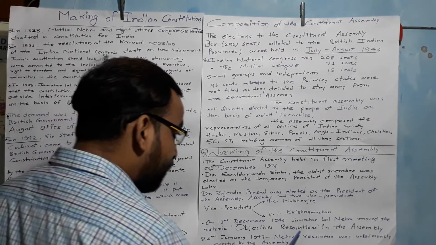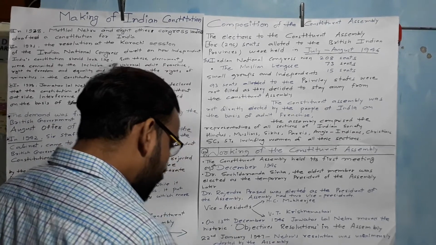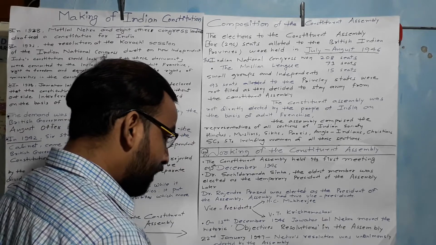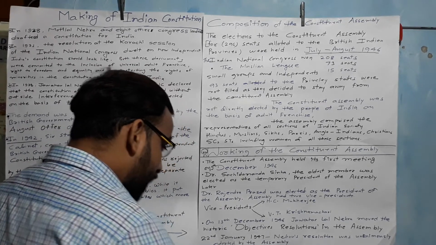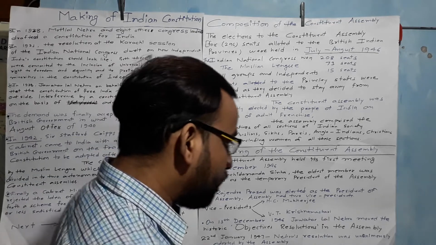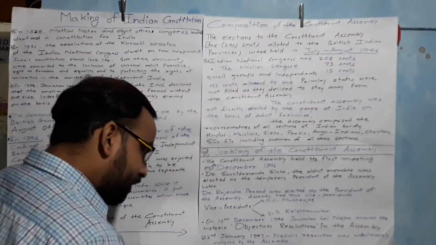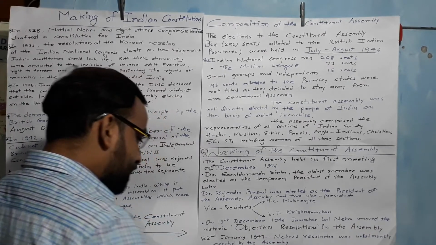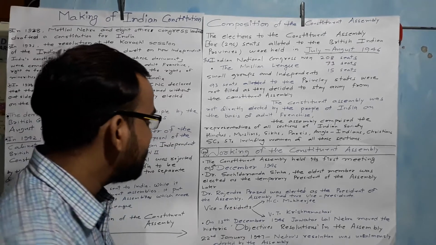On 13th December 1946, Jawaharlal Nehru moved the historic Objectives Resolution. On 22nd January 1947, the Assembly accepted the resolution by Nehru. On 3rd June 1947, with acceptance of the Mountbatten Plan, most princely states took their seats in the Assembly.